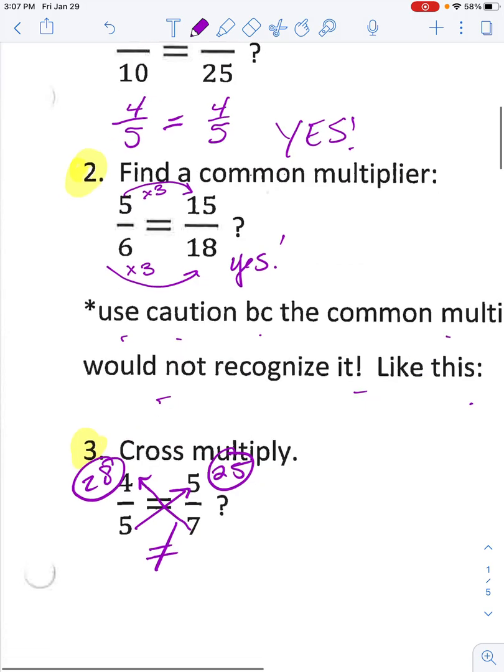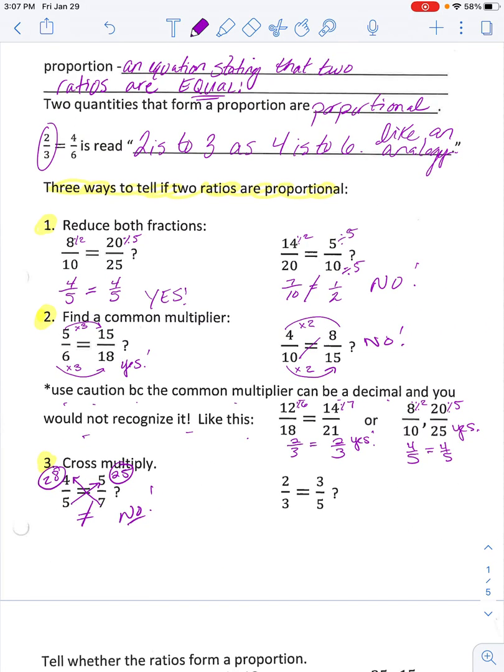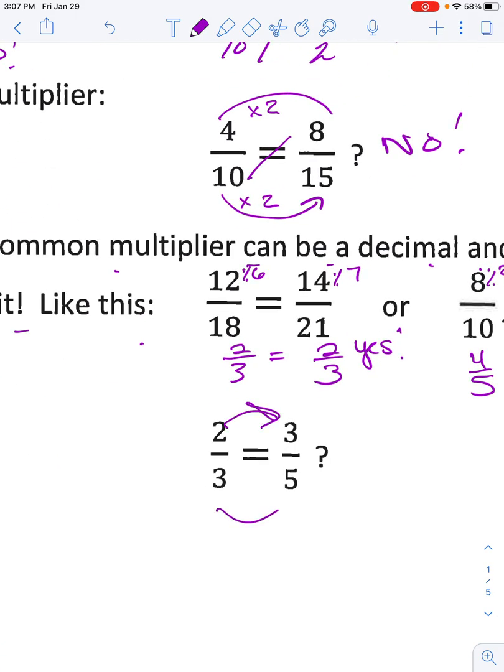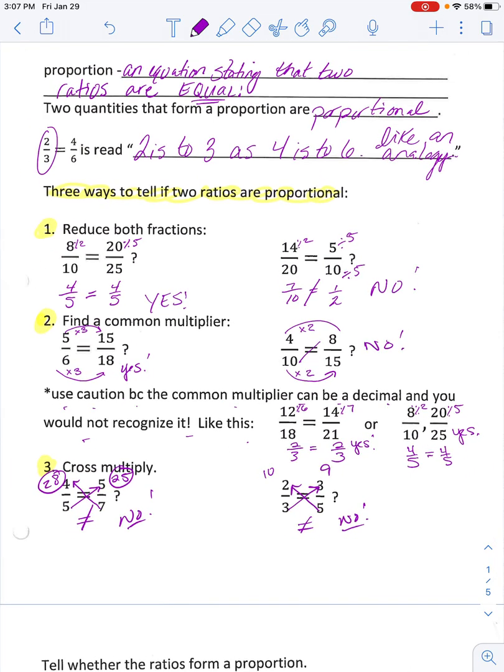Is 28 and 25 the same? No. Those two ratios are not proportional. Okay. Same thing here. I'm not going to use a common multiplier. They're already in simplest form, so I can use cross products and say no, they're not in proportion.